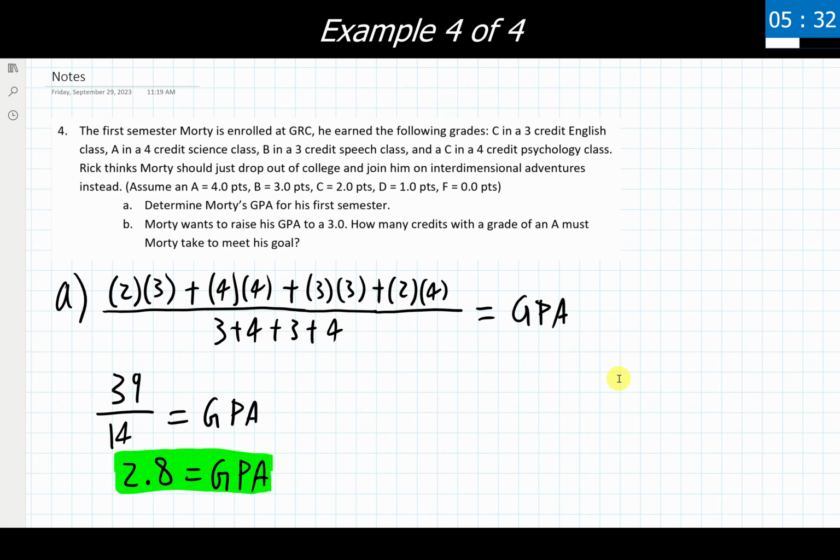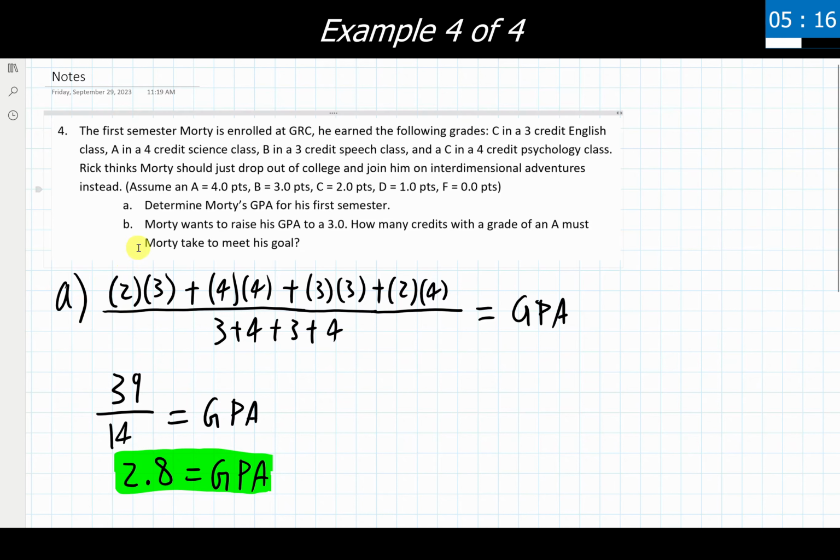We're going to round it to 1 decimal place because most GPAs only go out to 1 decimal place. So really I got 2.78571 and a bunch of extra digits, and we're just going to round it to 1 decimal place here.